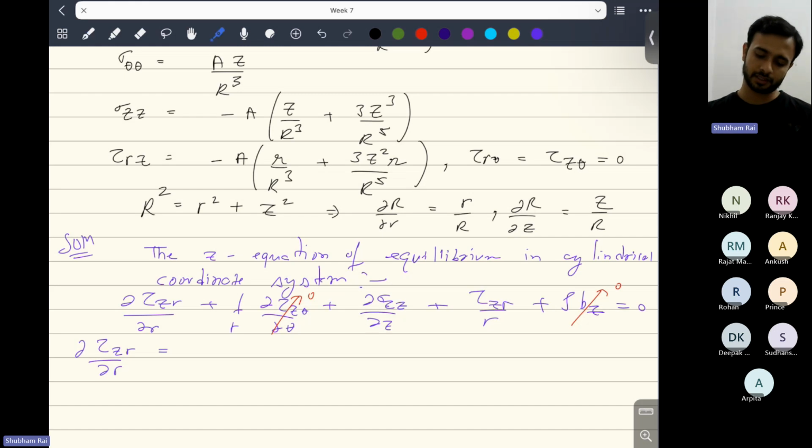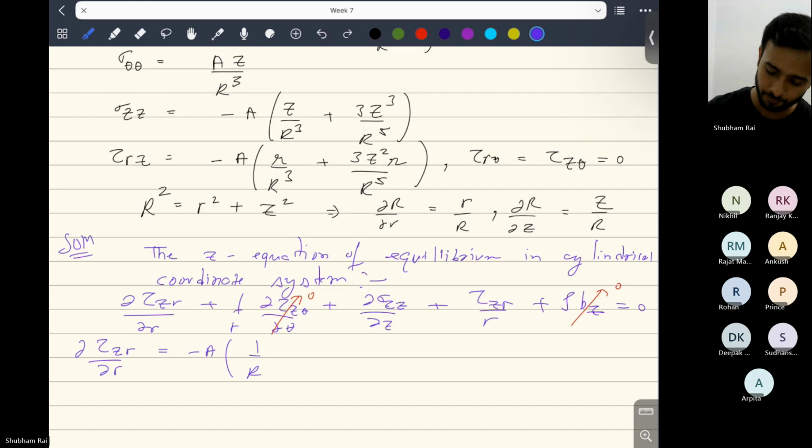So I'm differentiating del tau z r over del small r. This is the expression, and I have to differentiate it with respect to small r. Firstly, I apply the product rule. I differentiate small r, which gives 1. The minus a remains as it is, with 1 over R cubed. Then I keep small r as it is and differentiate capital R with respect to small r, so it will be minus 3r over R to the power 4 times del of capital R over del small r.